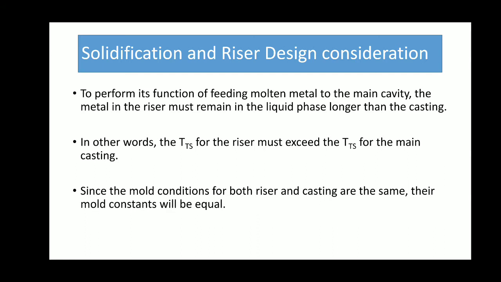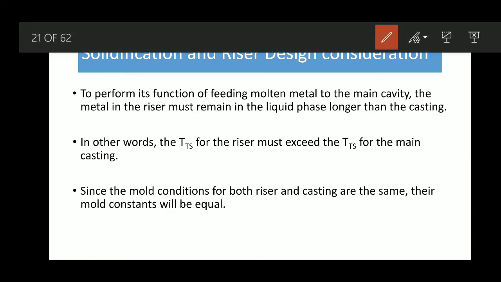Now if the riser has to provide certain molten metal to compensate for the solidification shrinkage, what is the main criterion to perform its function of feeding molten metal to the main cavity? The metal in the riser must remain in liquid phase longer than that of the casting.